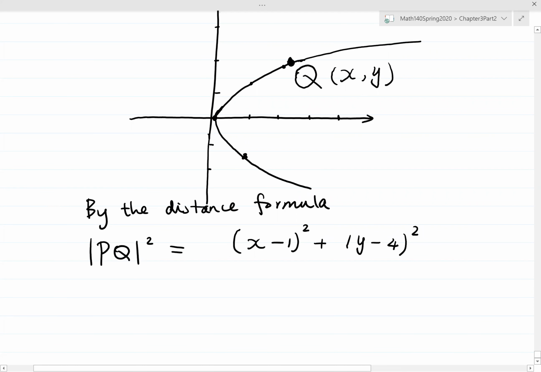Now here the right side has two variables, variable x and variable y. It's hard to manipulate two-variable functions. So what we do here is we substitute x in terms of a function of y. Remember, since we have a relation between x and y, note that Q is on the parabola. So the coordinates of Q satisfy the relation y squared is 2x.